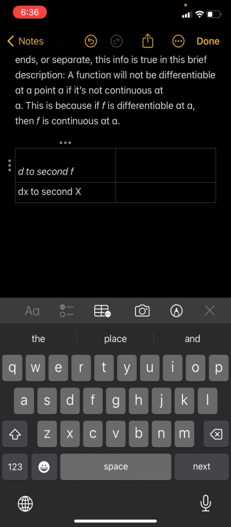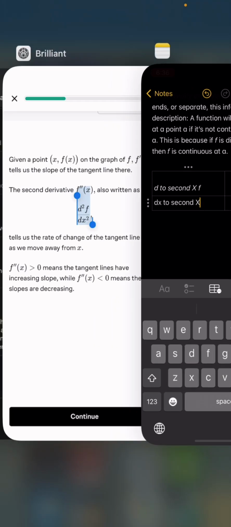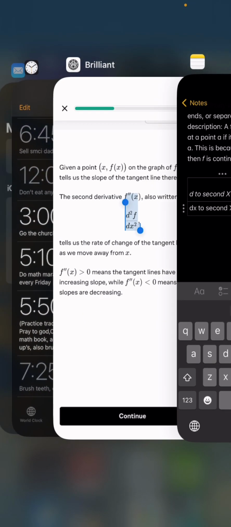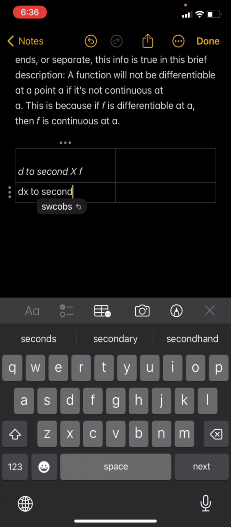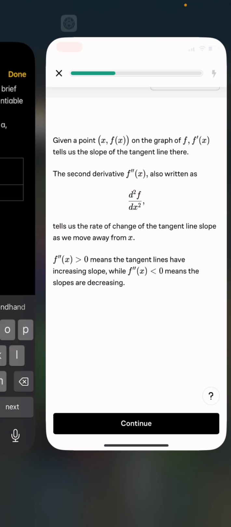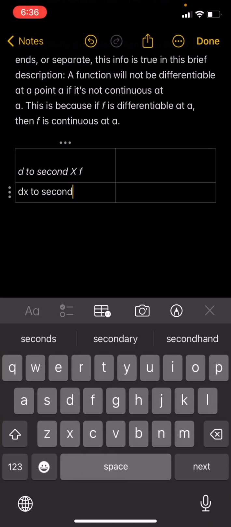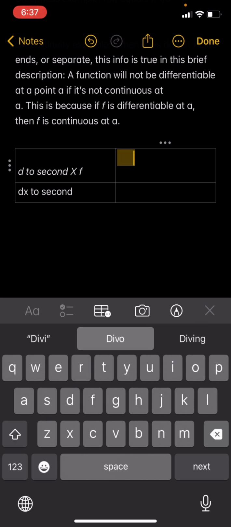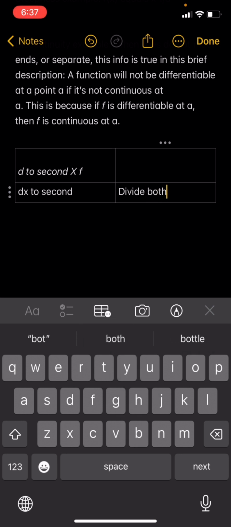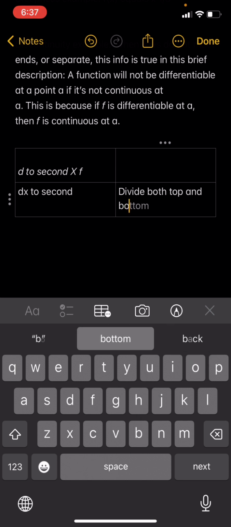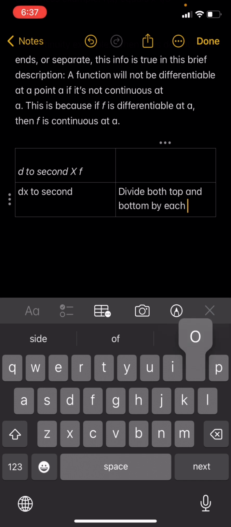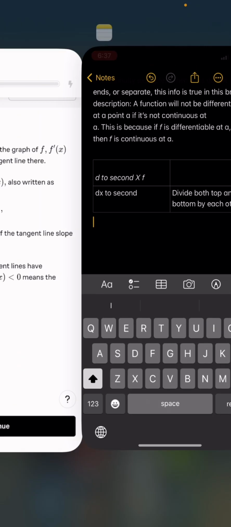Let me make sure the uppercase is as I remember. Times. Oh, we have the derivative of x to the second, or derivative to the second times f, and divide by each other.